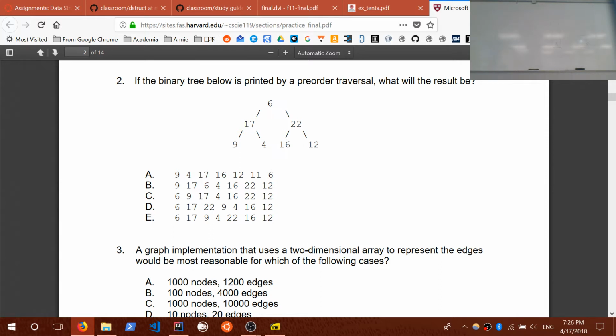Pre-order means we do ourselves, then we do our children. So that means A and B are going to be wrong. We want to focus on C, D, and E. So what's next? We visit ourselves, then our left child, then our right child, right? So the next number would be 17. So 6, 17, so we're looking at D or E. And then 9 after that, right? So it would be E.